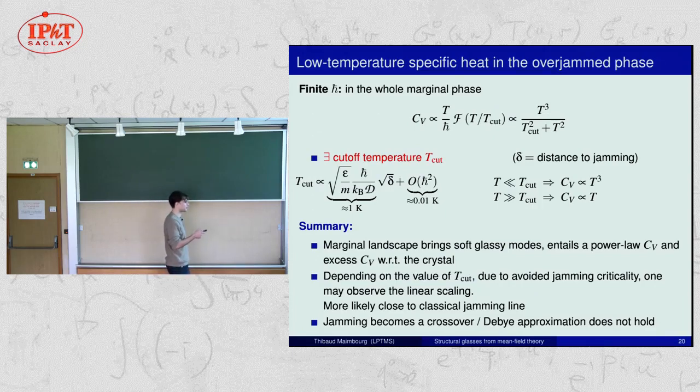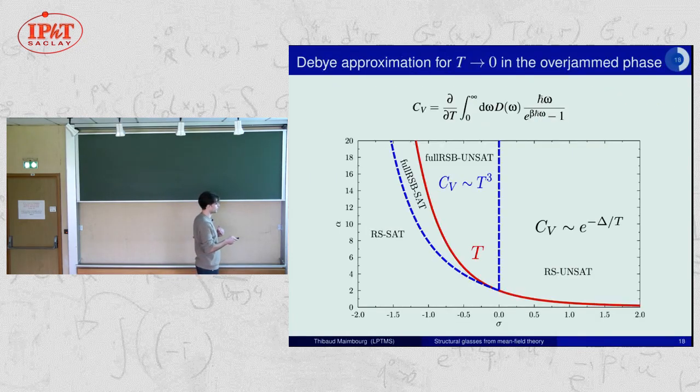So if you are at very small temperature compared to this cutoff temperature, you get a T cube law. And instead, if you are above, you get a linear law in temperature. This cutoff temperature is basically controlled by the square root of delta, which is the distance to jamming in the phase diagram. So basically where you are according to this line.